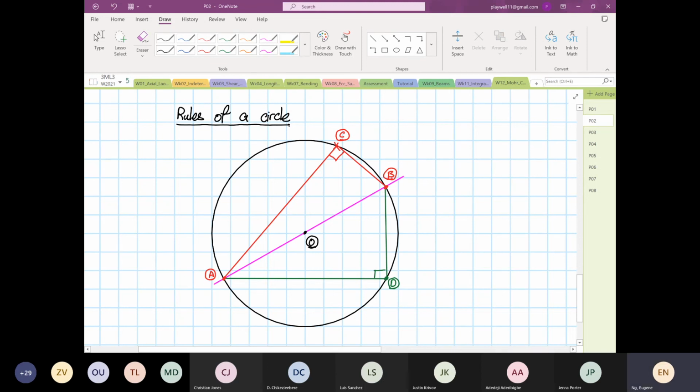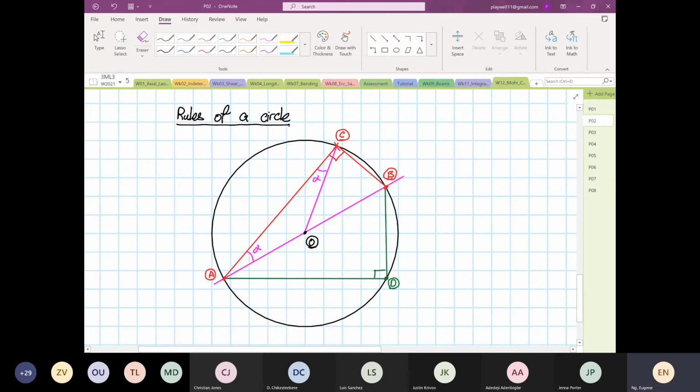From here, I would like to join point C to the center of the circle. So this is the angle. If I use a protractor to measure, this is alpha.